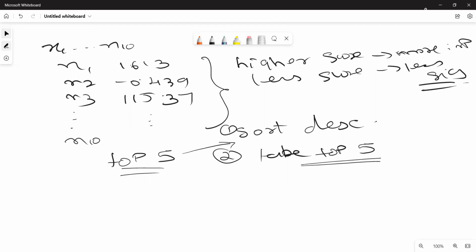So this will give you the top 5 features of the training data set. And using those 5 features, I can do my second model. And from there, I can go on till I get the best accuracies.